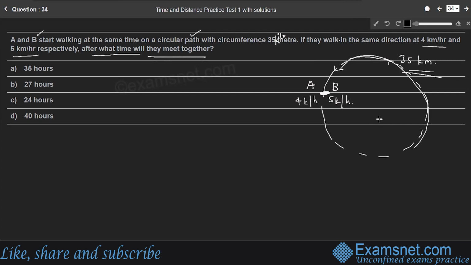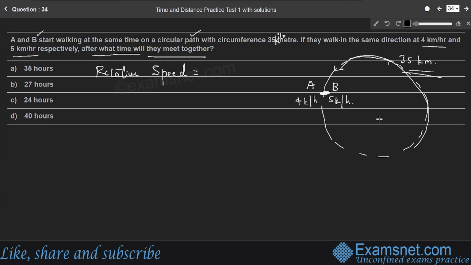Here, when two bodies are moving with two different speeds, we use the term relative speed. They may be moving in the same direction or in different directions, so relative speed is applicable.